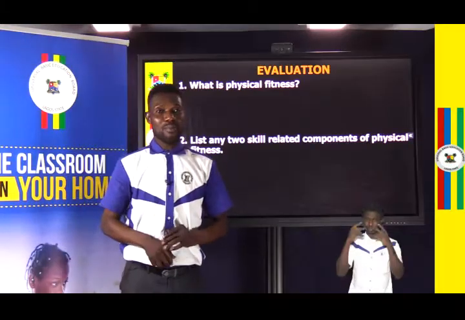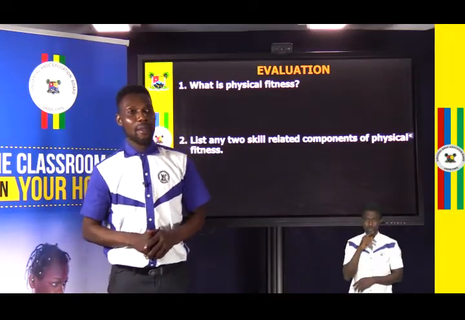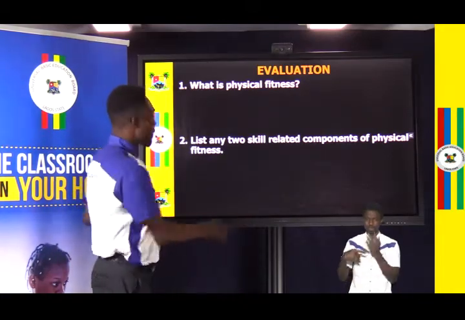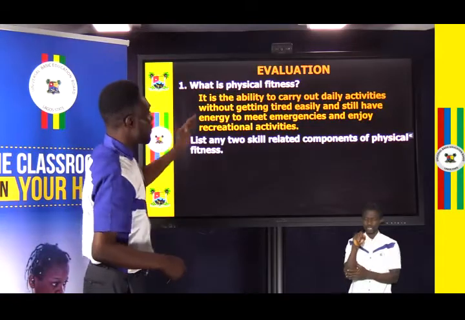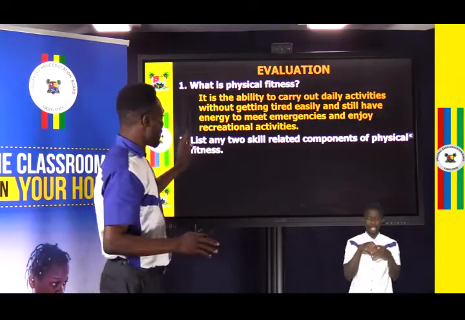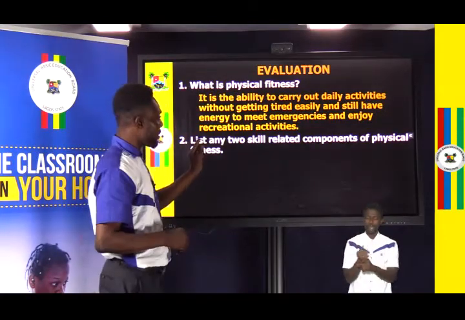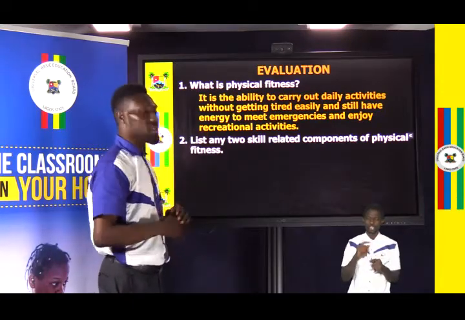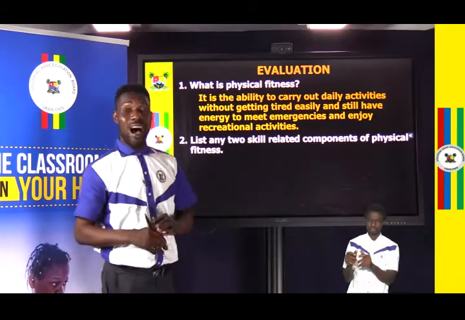Eyes on me. Uncle Popo is here. I believe you are still there. So let's mark together. What is physical fitness? It is the ability to carry out daily activities without getting tired easily and still have energy to meet emergencies and enjoy recreational activities.